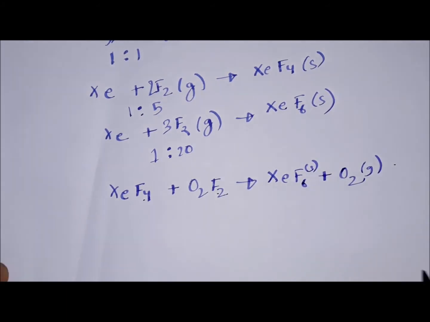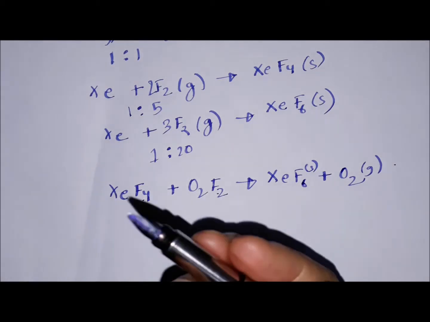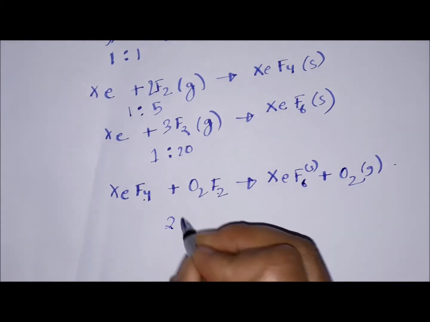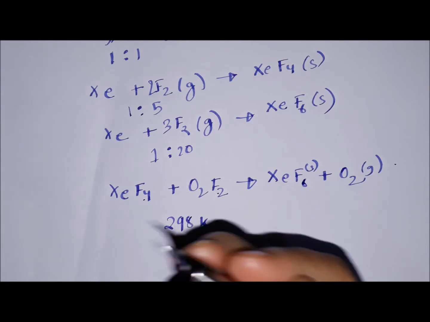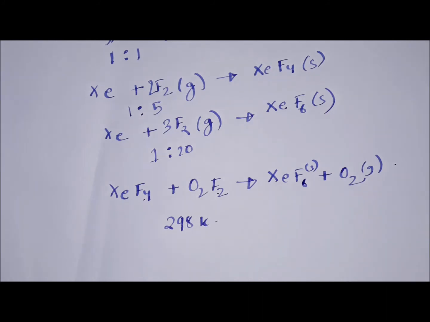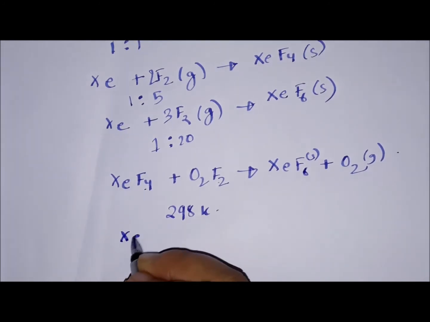Now the properties. All xenon compounds are colorless, crystalline solids and sublime readily at 298 Kelvin. They are strong fluorinating agents, and they readily hydrolyze even with a trace amount of water. Even if a trace amount of water is present, they will get hydrolyzed, like XeF2.